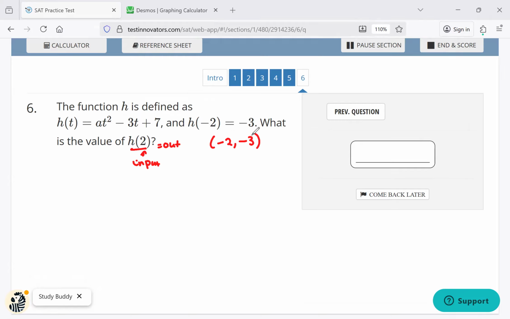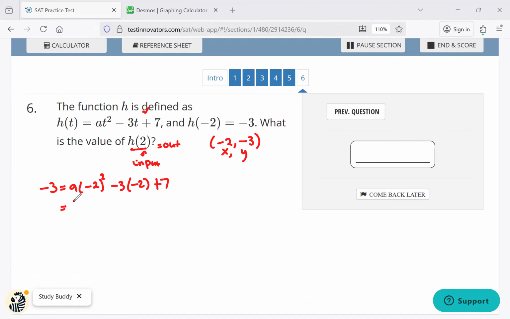So we'll plug that point back into this equation. This is your x, this is your y. So it's negative 3 equals a, and t is like our x, so it's negative 2 squared, minus 3 times negative 2, plus 7.